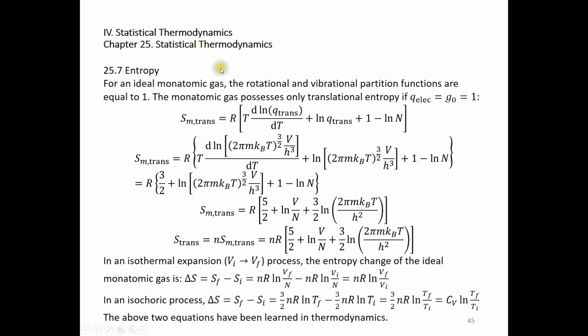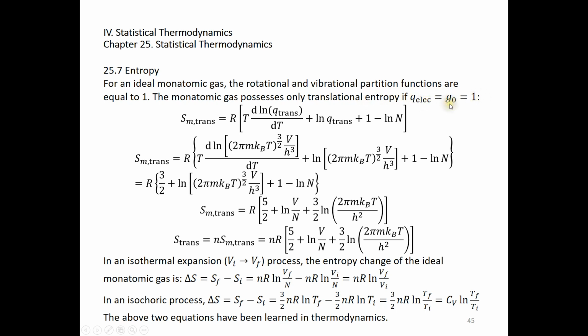For an ideal monatomic gas, the rotational partition function is 1. The vibrational partition function is also 1. We just do not have rotations or vibrations. And therefore, the monatomic gas possesses only the translational entropy if the electronic partition function of this atom is just 1.